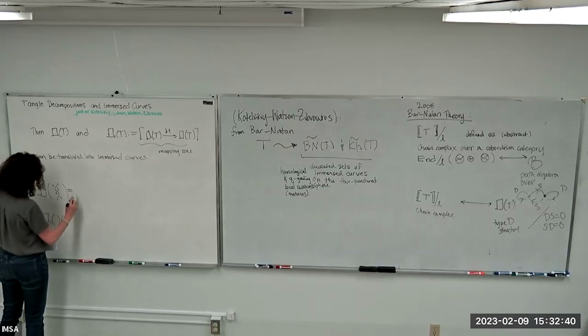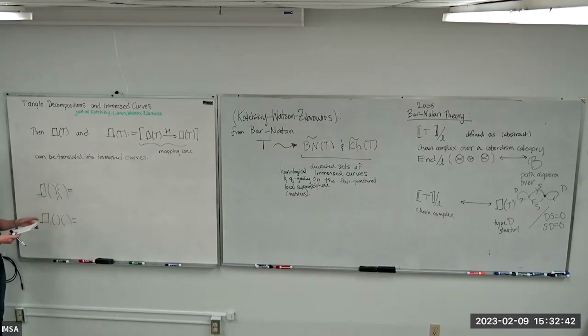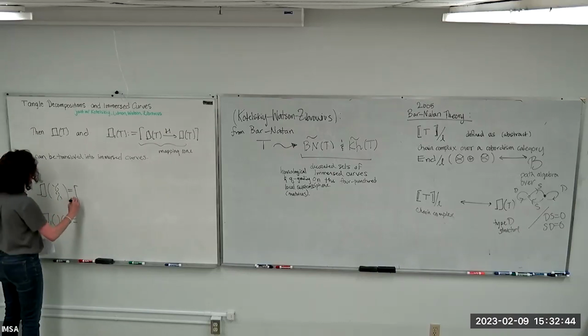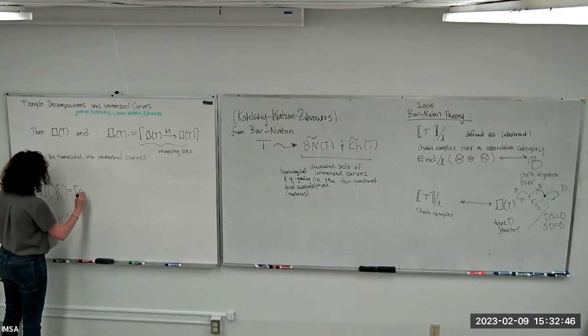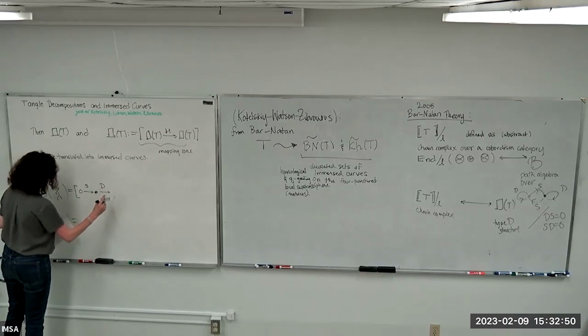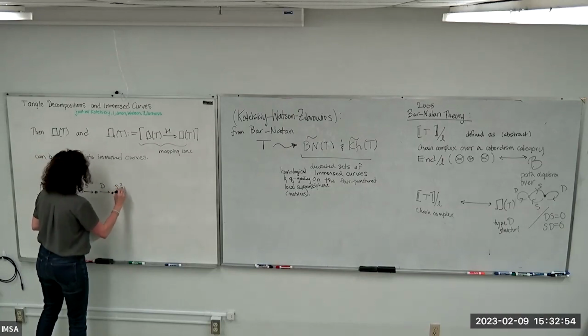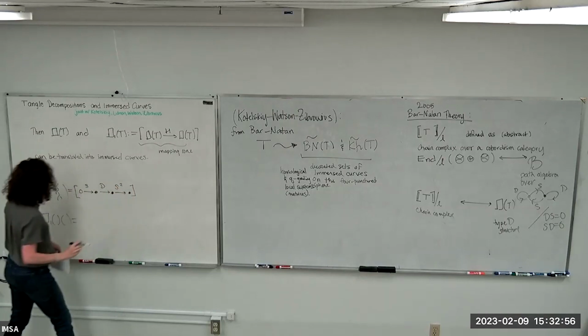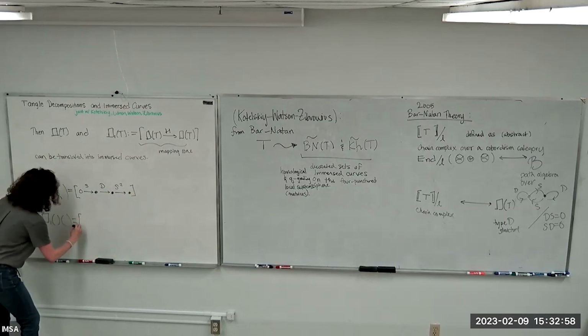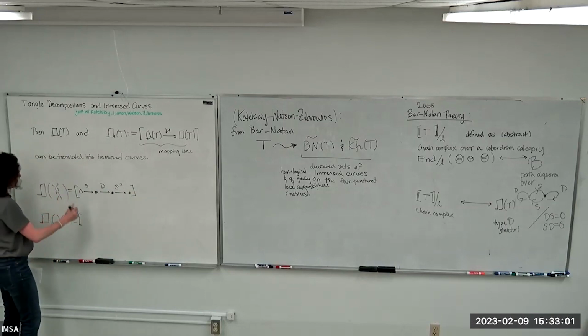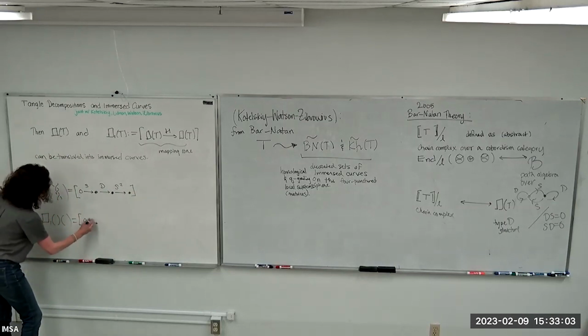So this chain complex or type D structure looks like this. And this one is a mapping cone of this with itself and this map H.